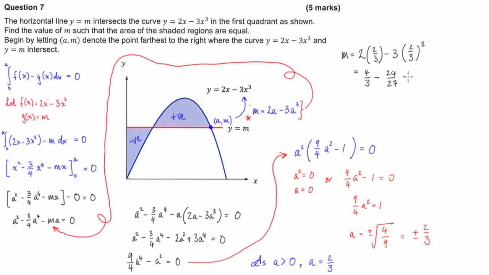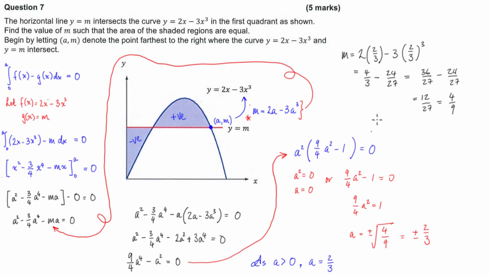Now from here, in terms of 27, we have to times by 9, we have 36. Which is equal to 24 over 27, taken away from 36 over 27 is 12 over 27, which is equal to, divided by 3, 4 over 9.